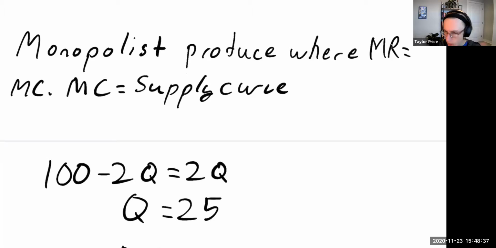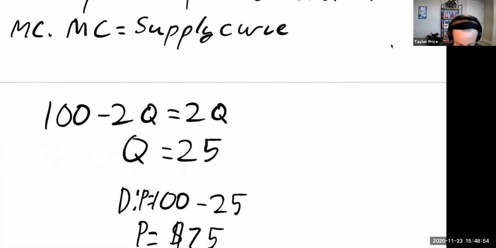So all we need to do now is just set the marginal revenue equation equal to the supply equation or marginal cost equation. And when we do that, we get 25.